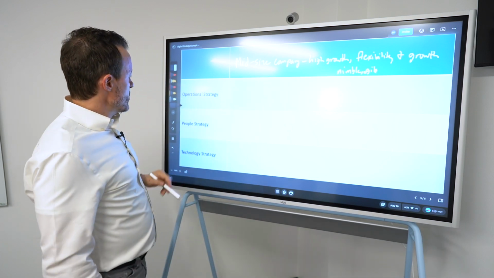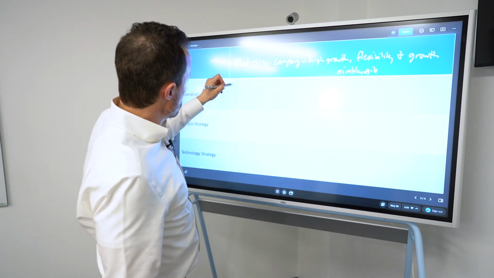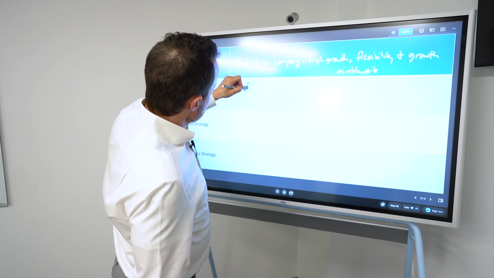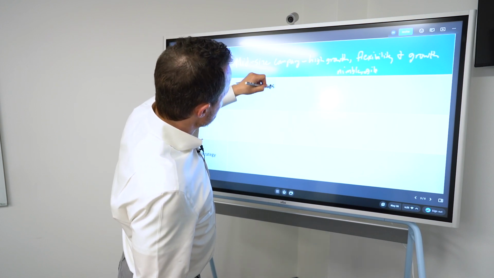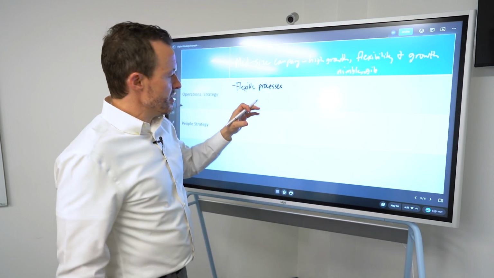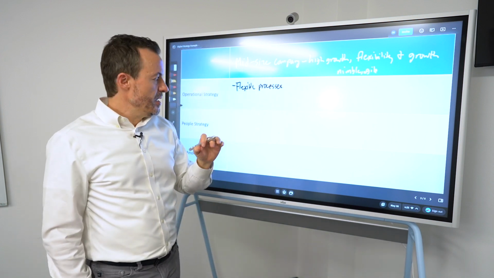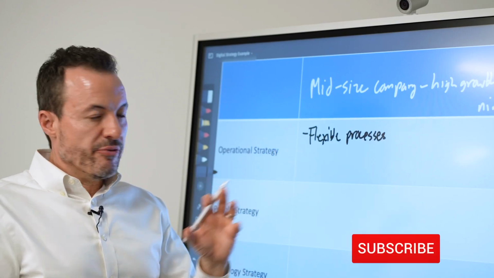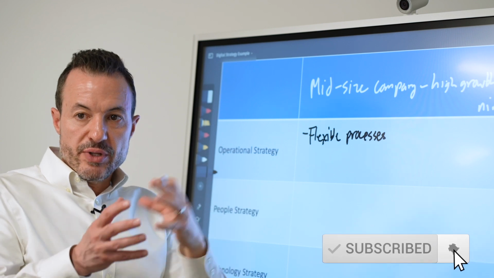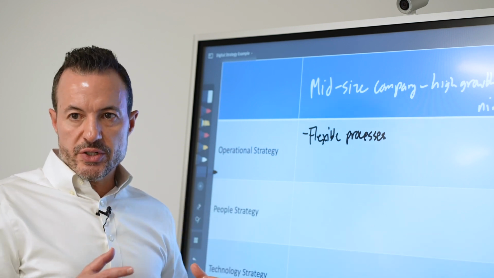So what does that mean for the operational strategy? Well, first it means that we have flexible business processes. So in other words, instead of defining processes in a way that focuses on standardizing and having one set of business processes, we might be more inclined to define processes that are built to be flexible and adjust to changing market conditions.